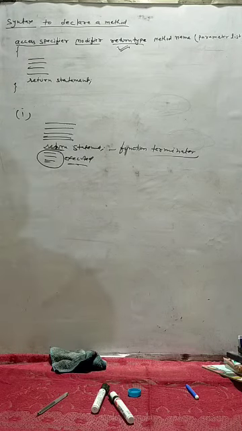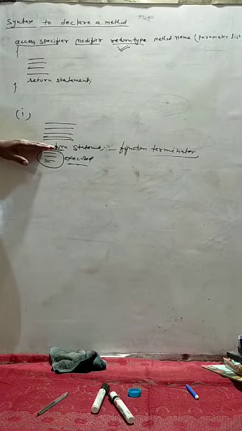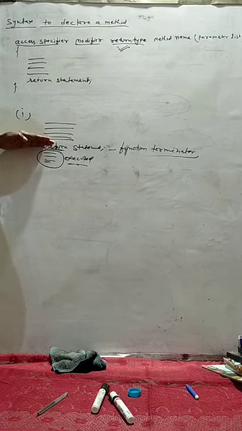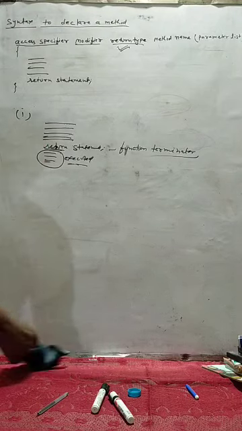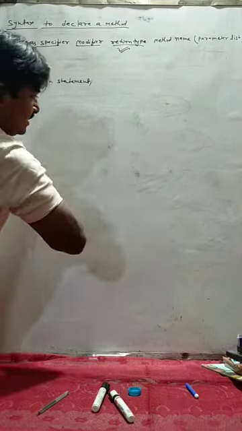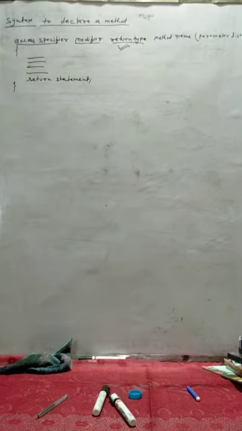Second one is, no statement in the method can be executed after the return statement. When this statement is executed, no statement will be executed after the return statement. This is the second condition. Third one is, it can only return a single value from a method to its caller.